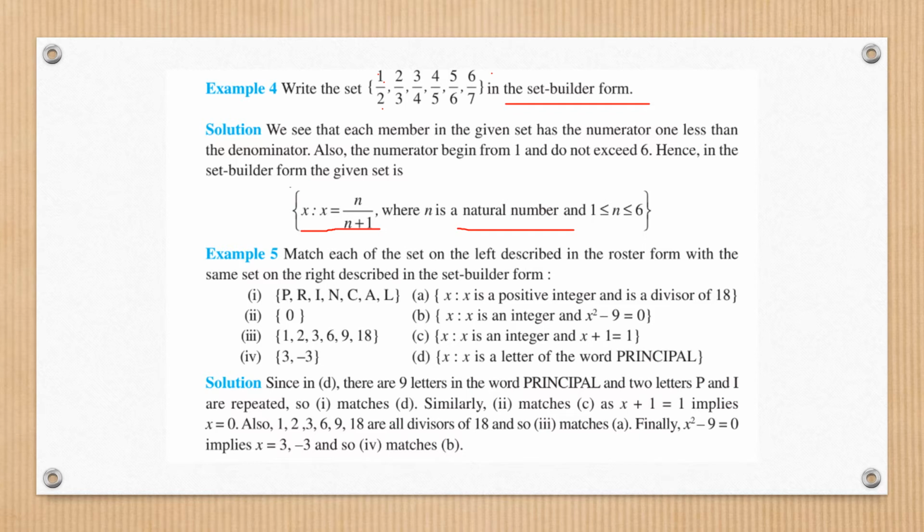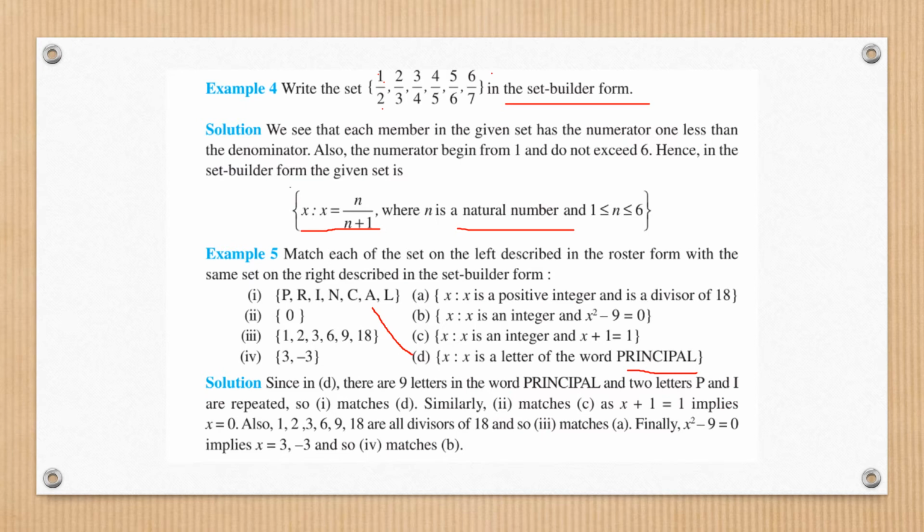Number 5: match each of the sets on the left described in the Roster form with the same set on the right described in the set builder form. So these are the Roster forms. You can see PRINCIPAL, which is for your option D. Repeated elements we are not taking twice, like P and I, we are not repeating them.